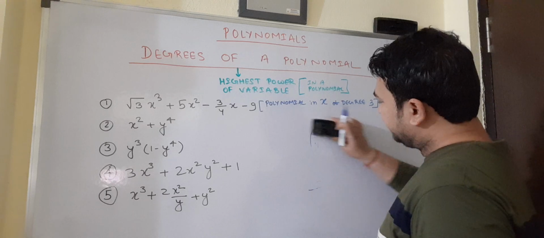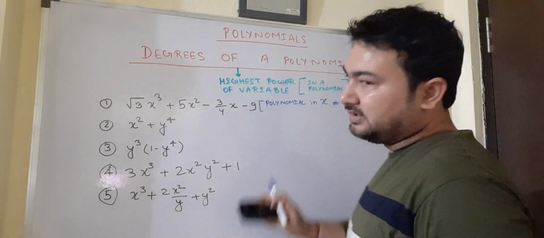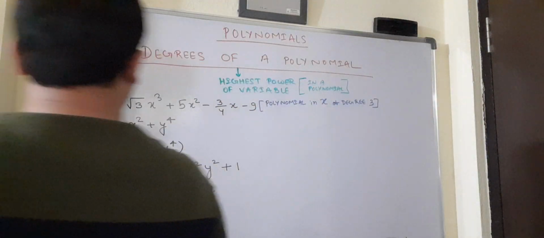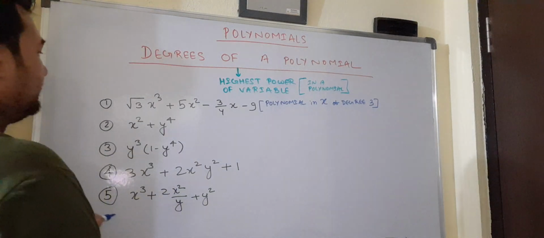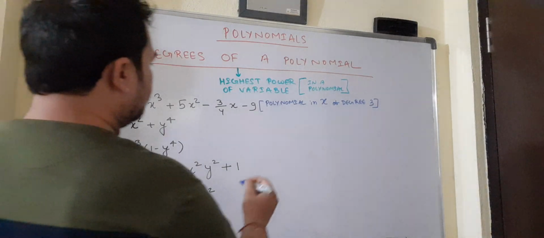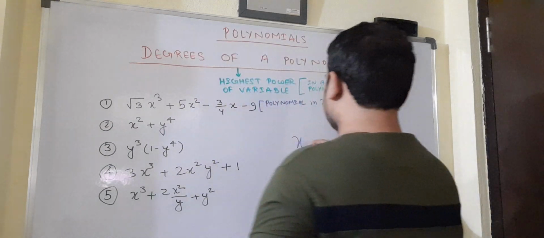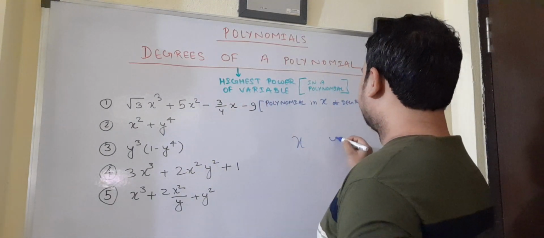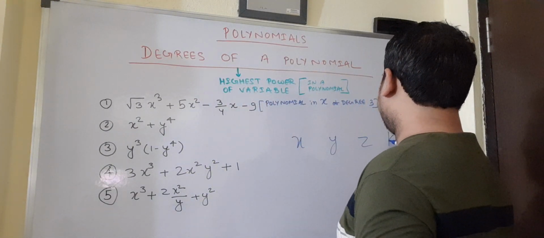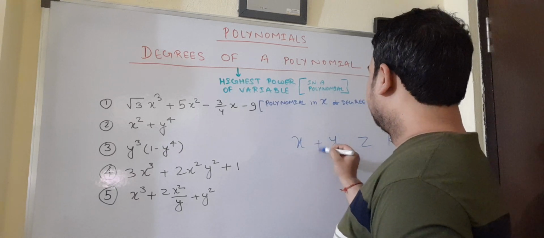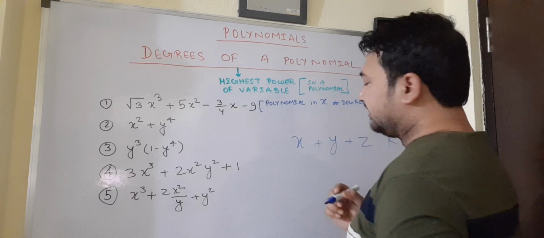So degree is nothing but the highest power of variable. A variable has so many powers. There may be 2 variables also, x, y, and even 3 variables or even 4 variables. They may be contained in a single term or different terms.